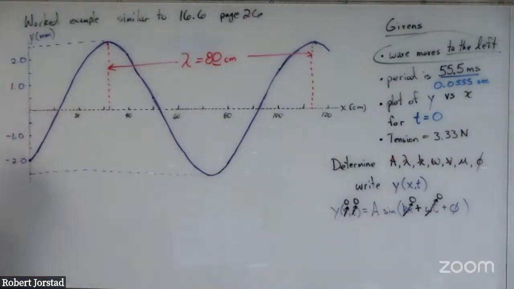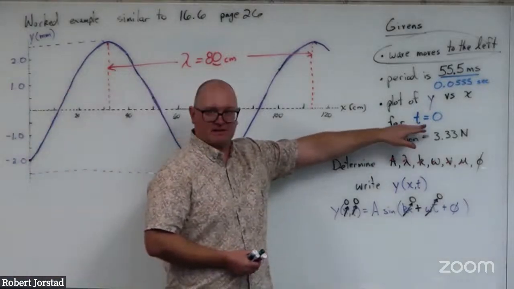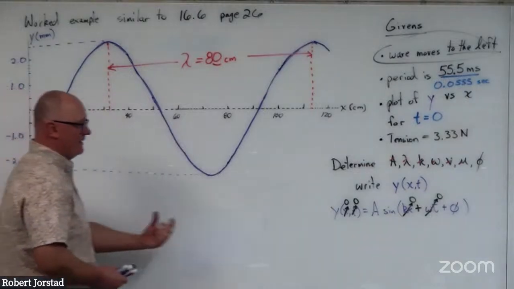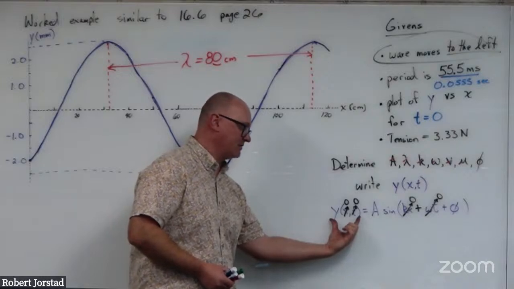Said another way, -2 is A sine phi, because that is y at x equals 0, and this entire plot was made at time equals 0. So this number here is y of 0, 0: y at x equals 0, t equals 0.